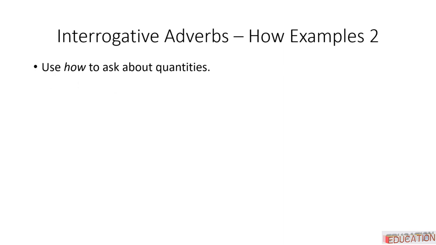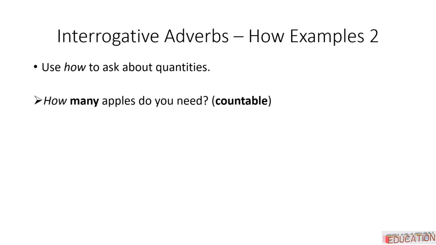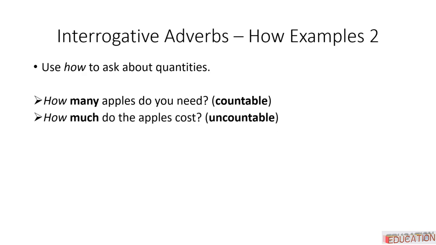We can use how to ask about quantities. How many apples do you need? How much do the apples cost? Now, I've bolded many, much, and countable and uncountable to highlight, just as a brief reminder maybe, that we use how many for countable items and how much for uncountable items.